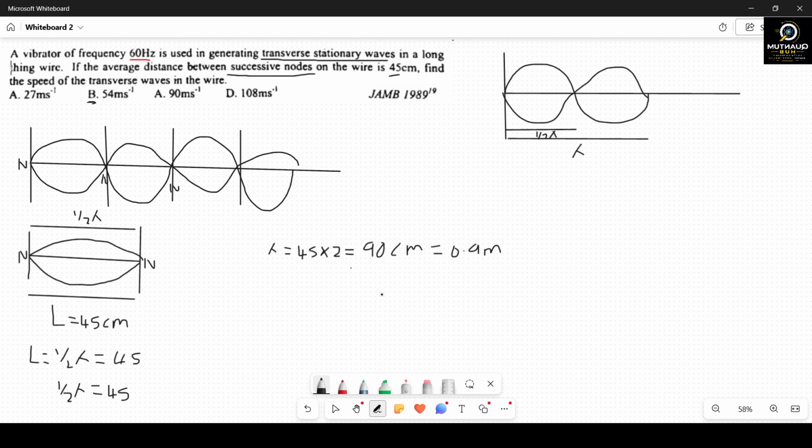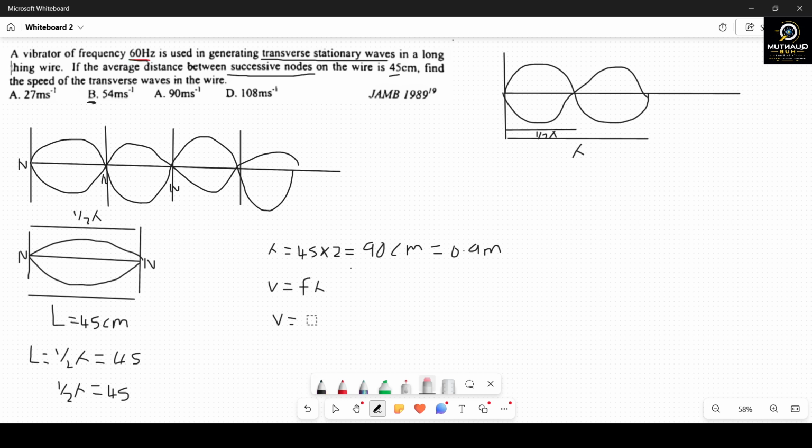So we need to also recall the formula for velocity of sound, which is v equals the frequency times the lambda. So v, which is what they are asking us to find, equals the frequency, which was given to be 60 hertz, so we have 60.